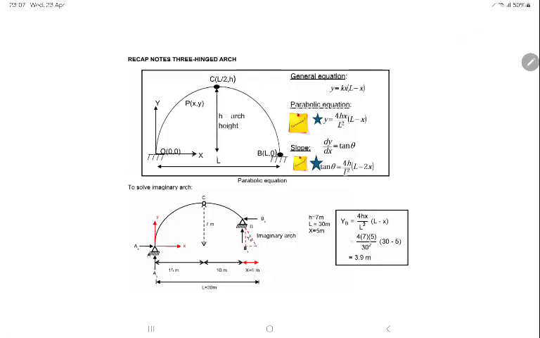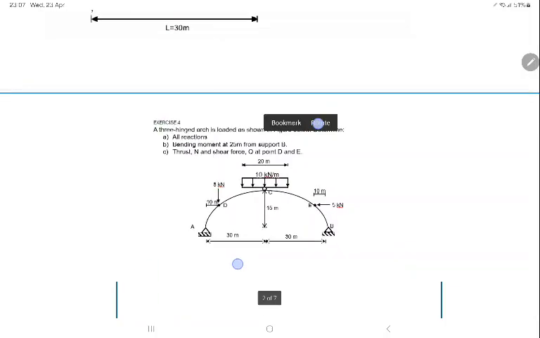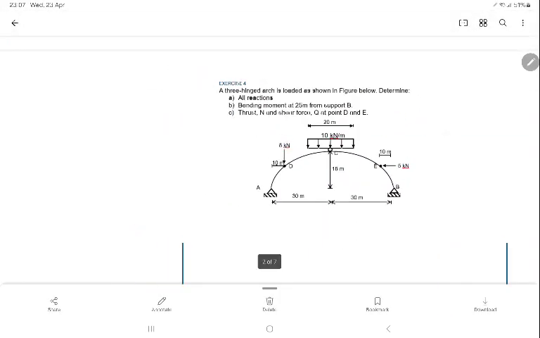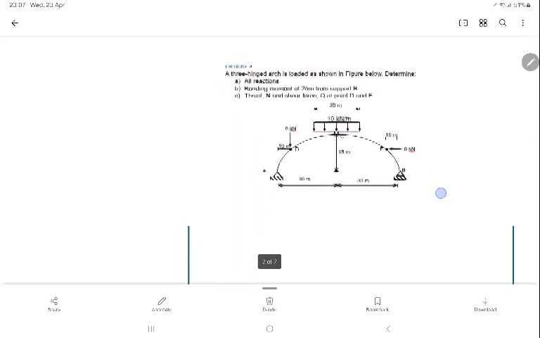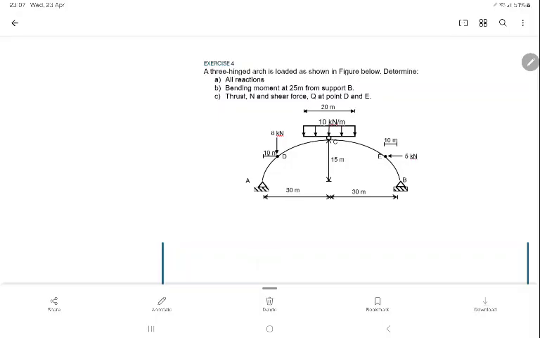Alright, so next, you have two exercises to solve here. So this is the first exercise. In this exercise is a three-hinged arch. In this figure you have to determine all reactions.